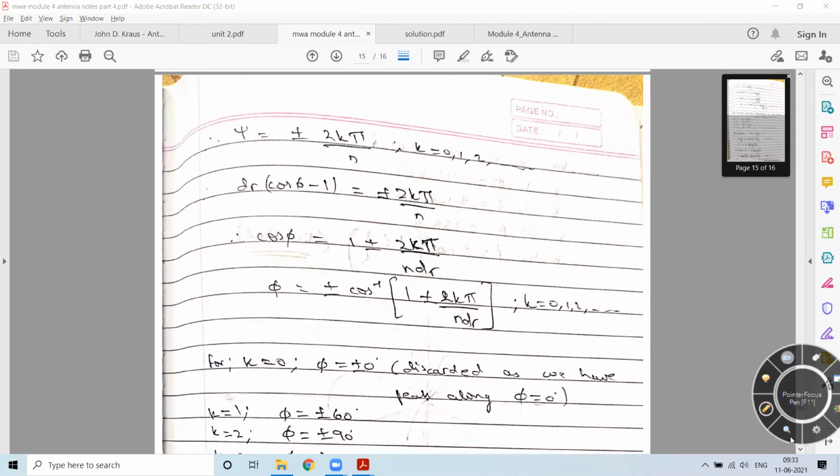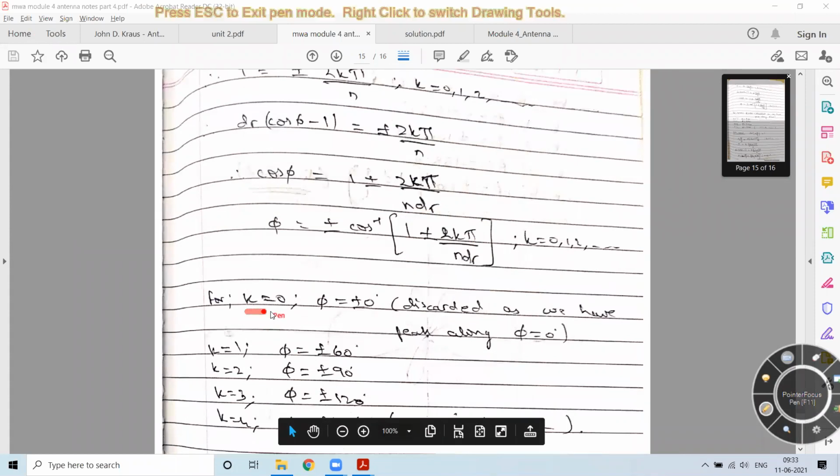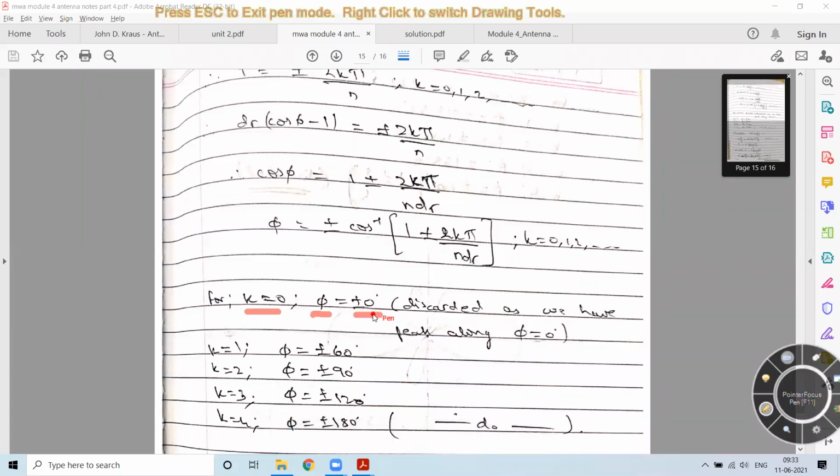When k is equal to 0, we get phi equal to 0 degrees. This has to be discarded because we already identified that at phi equal to 0 degrees we have a maxima.